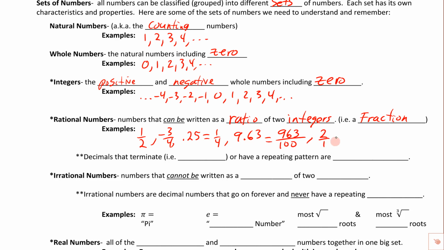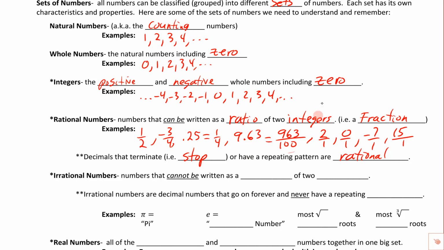We could put it over 1. In fact, 0 is also a rational number because we could put that over 1, and same for -7 and things like that. So if I were to write something like 15.0, we could just put that over 1, take off the 0, and we've got a rational number. So decimals that terminate, in other words, if they stop, or have a repeating pattern, those are rational. Those are also rational numbers.